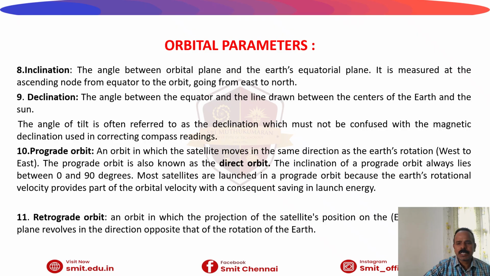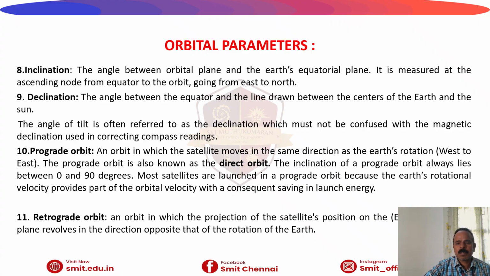The angle of tilt is also called declination. The angle of tilt is very important as far as the communication passage is concerned. The next one is called the prograde orbit, which is the orbit that moves as if like the same Earth rotation.